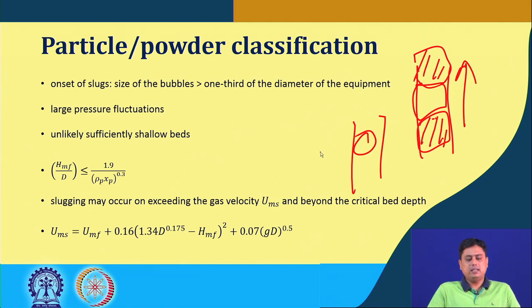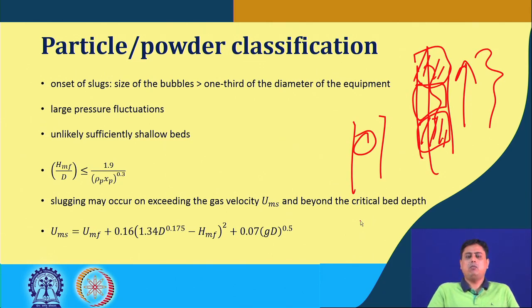So, when the size of these bubbles is greater than 1/3 of the diameter of the equipment, you can consider that the onset of slugs, and then this kind of scenario will have significant pressure fluctuations, which are typically to be avoided. But these slugs are unlikely to develop in sufficiently shallow beds, the bed of depth lesser than a critical value.